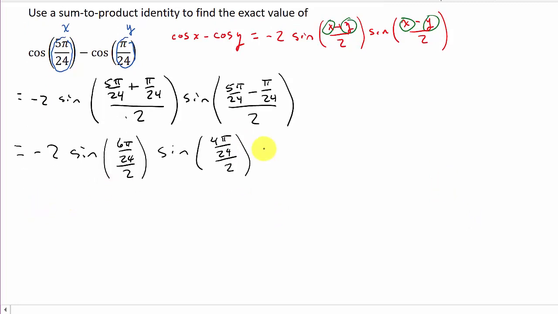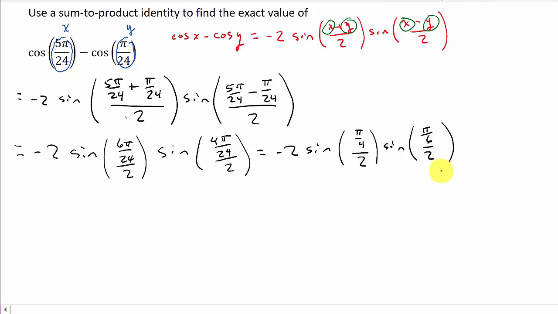Now let's write it here. That's negative 2 sine, and 6 pi over 24 is pi over 4, divided by 2, and then sine of pi over 6 over 2.